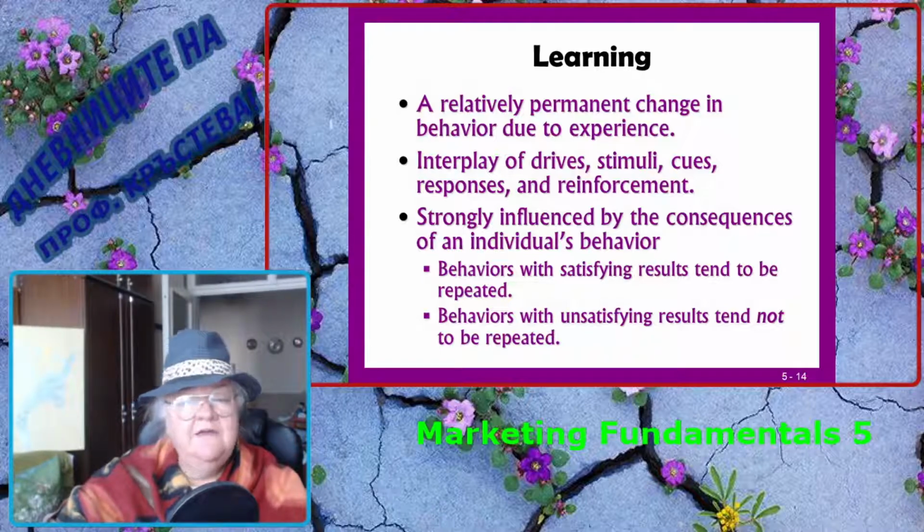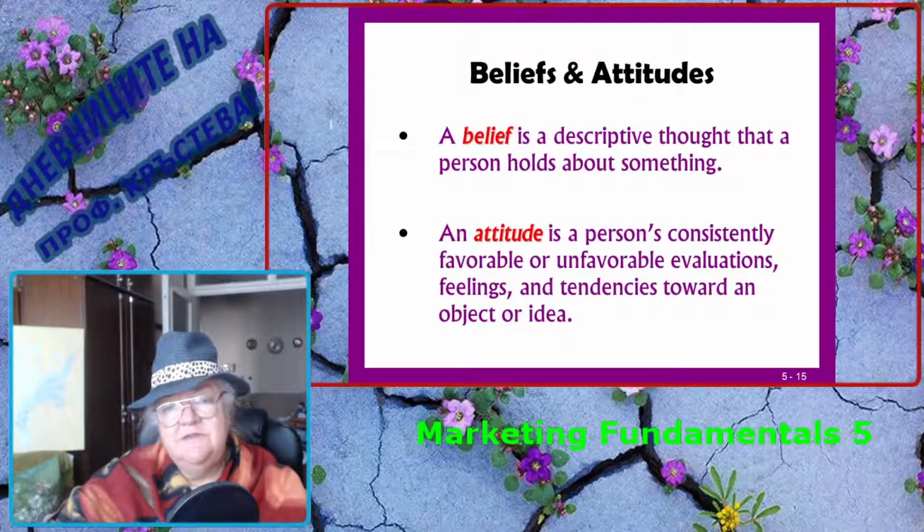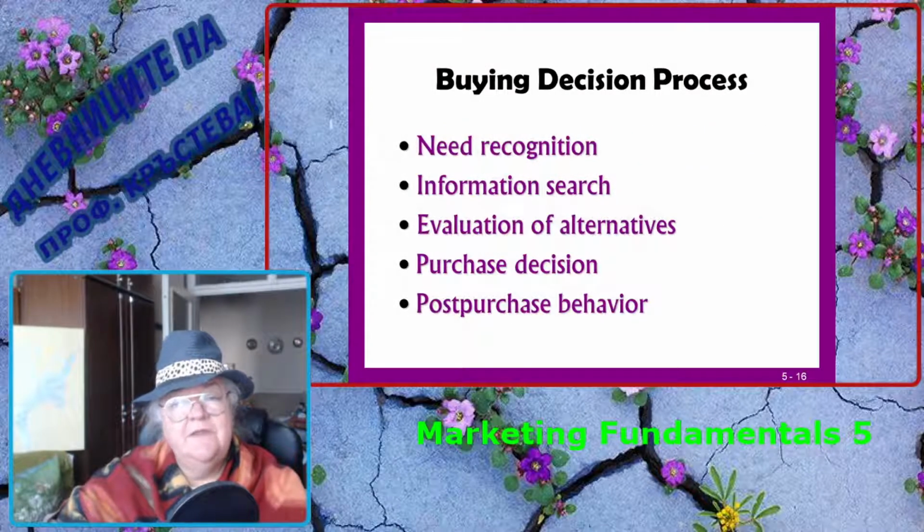Behaviors with unsatisfying results tend not to be repeated. A belief is a descriptive thought that a person holds about something. An attitude is a person's consistently favorable or unfavorable evaluations, feelings, and tendencies toward an object or idea.